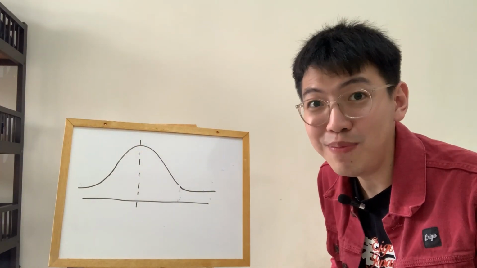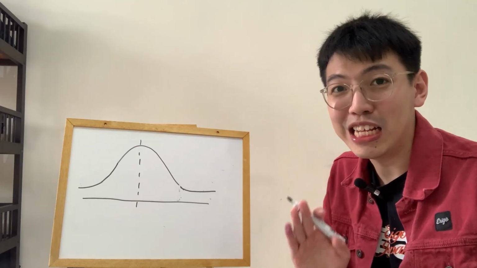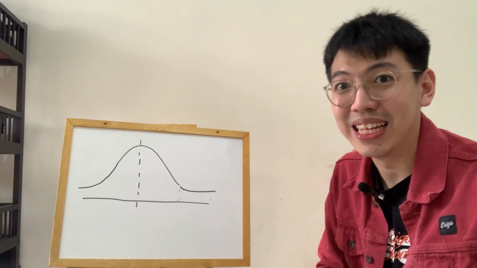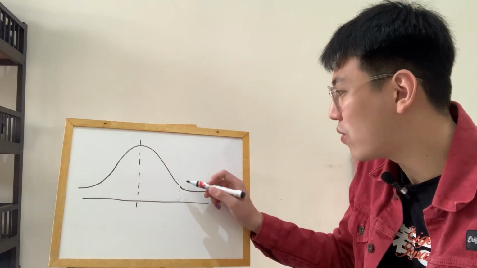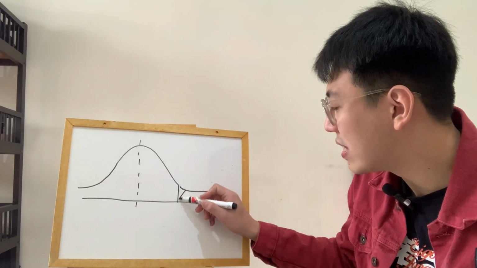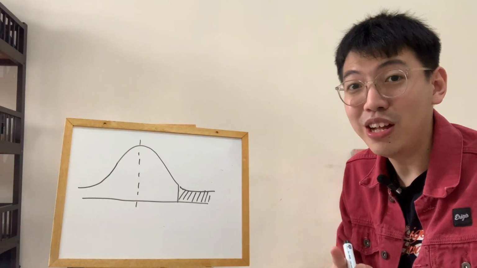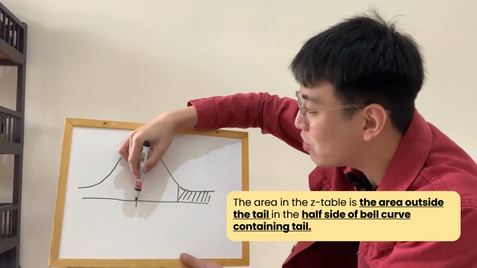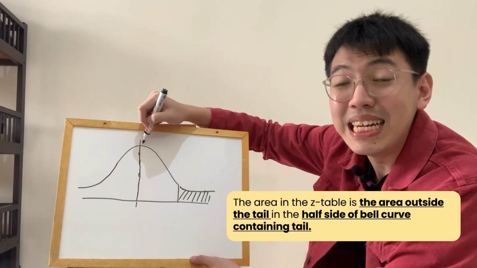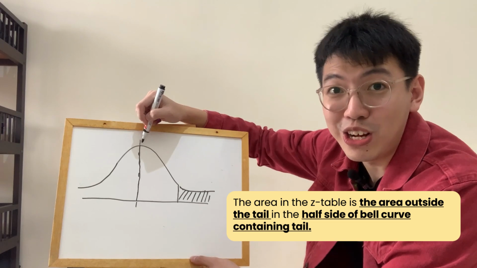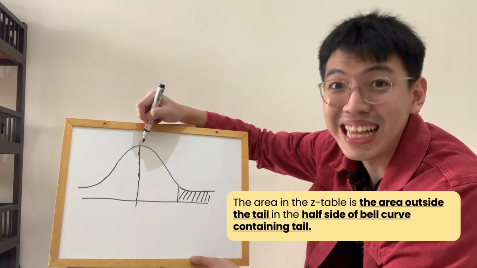If you have learned the previous video, that is what we call the tail. For example, I put the tail on the right. The area inside the table represents the area outside the tail in the half side of the bell curve that contains the tail.